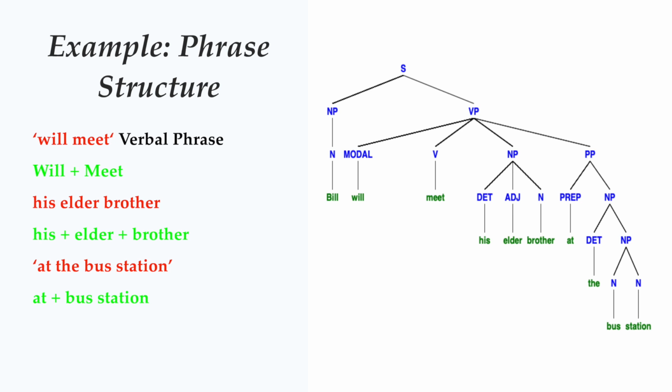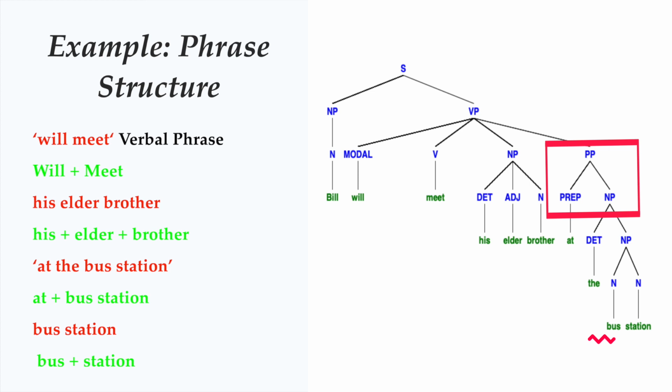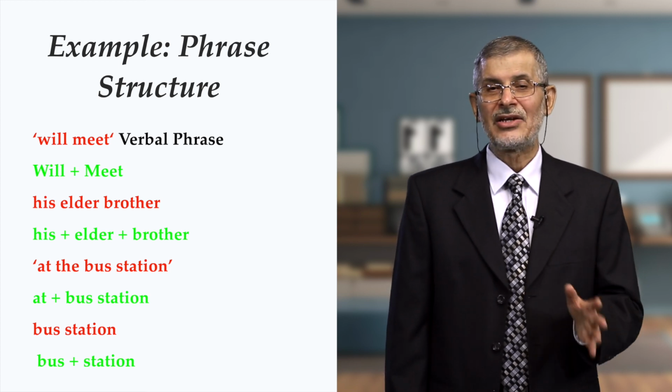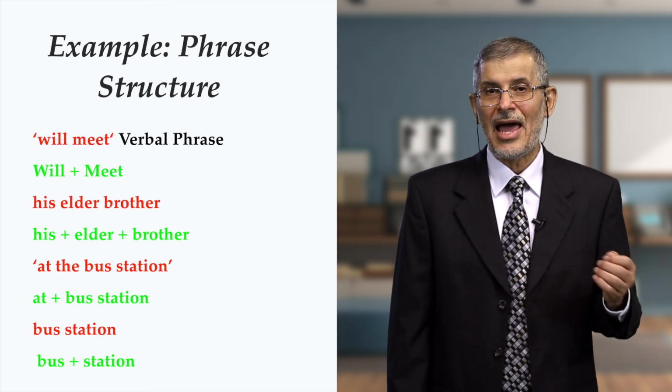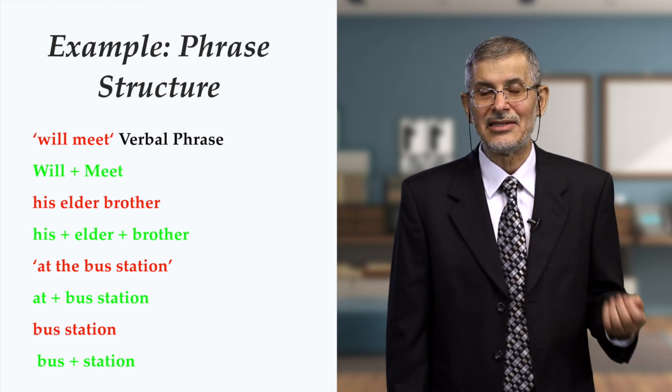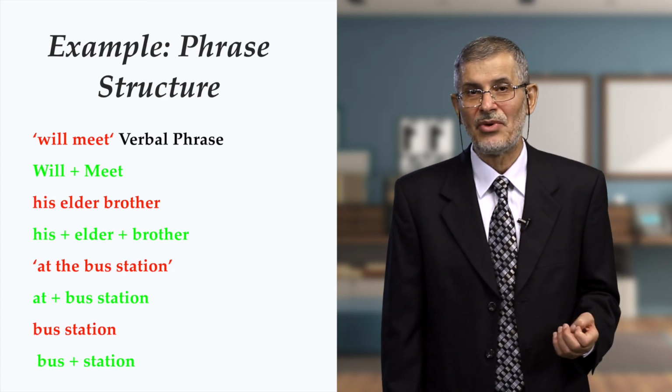And finally, at the bus station, we can divide it into 2 immediate constituents, the preposition at plus the noun phrase bus station. And then bus station can also be divided into 2 immediate constituents, and these are the noun bus and the other noun station. This is called phrase structure analysis. So we analyze the sentence into the phrases that make it up, into the phrase constituents within it.